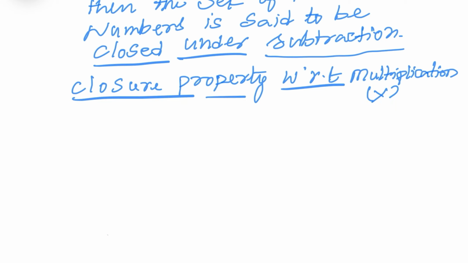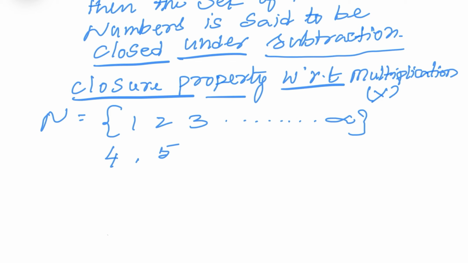We know the set of natural numbers: 1, 2, 3, likewise till infinity. Take any two, let us take 4 and 5. These are natural numbers. Now perform the operation multiplication: 4 into 5 is equal to 20.